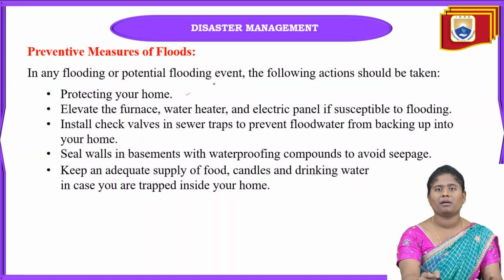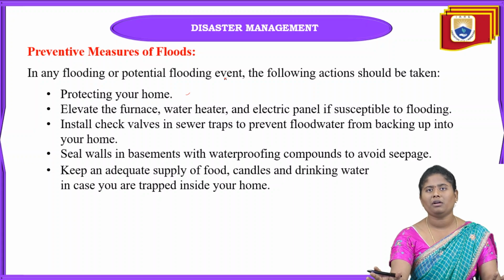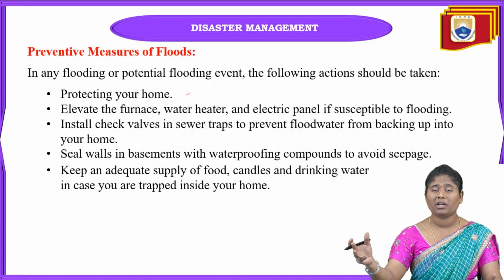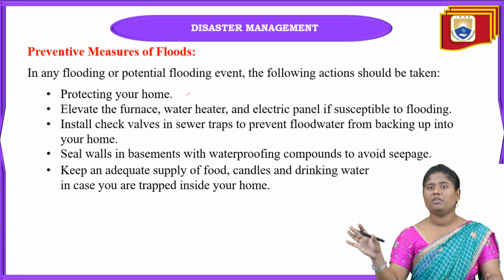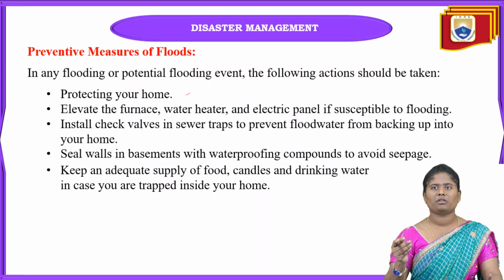First, we have to protect our home. To protect our home, obviously we have to be very much aware of which side the water is going to come from, and where it can come into the house.